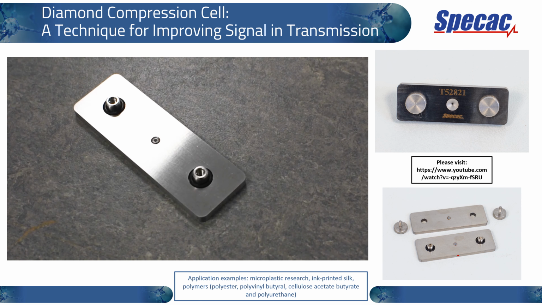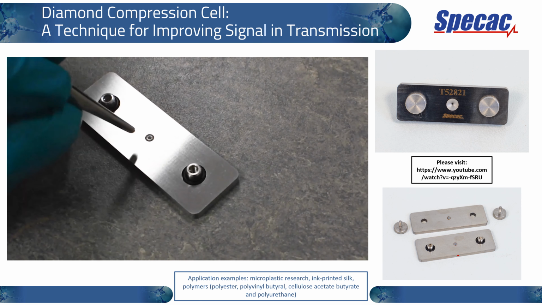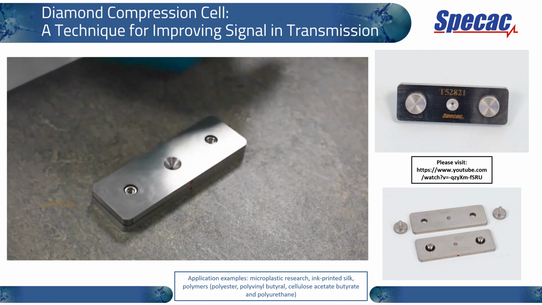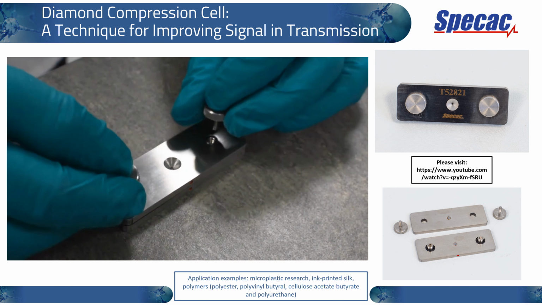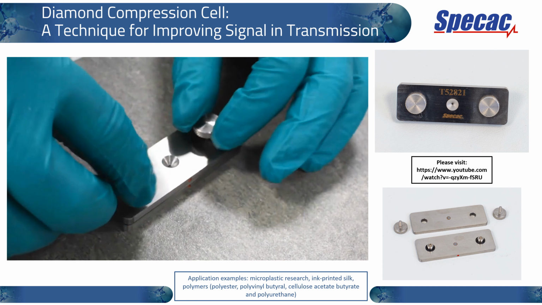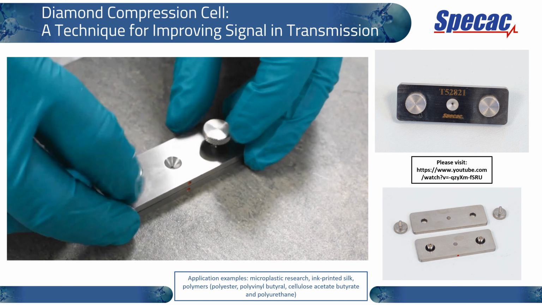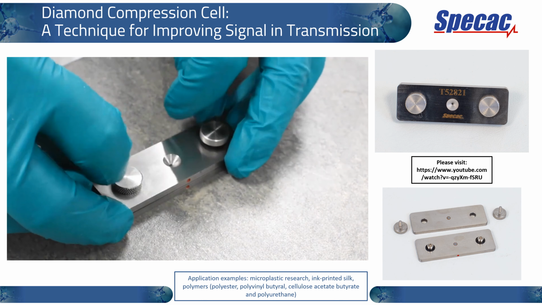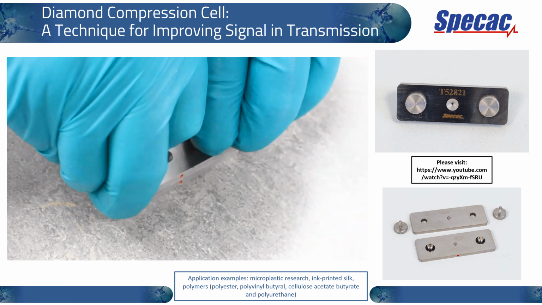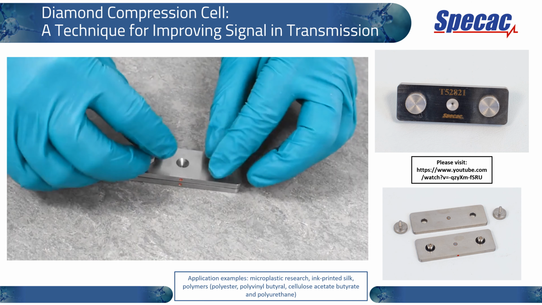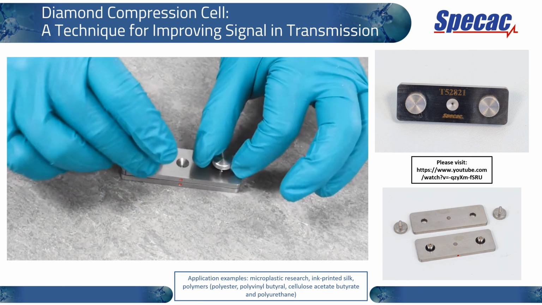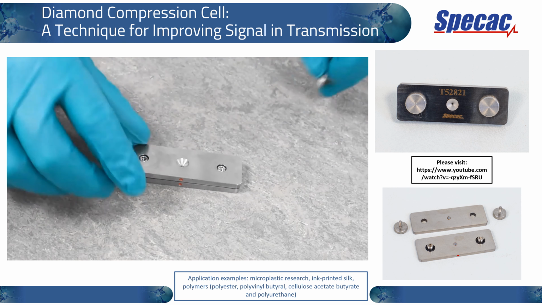To use the DC3, the sample is placed over the crystal. The top is then mounted and the thumb screws are used to crush the sample. For samples that remain compressed after the load is removed, best practice is to dismantle the cell.